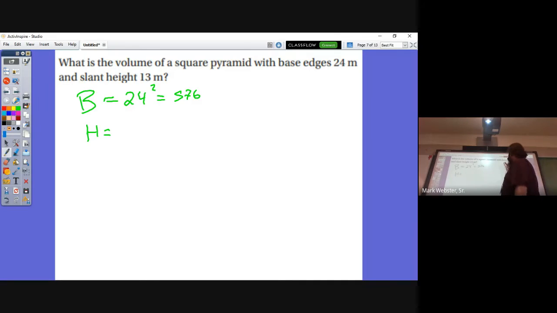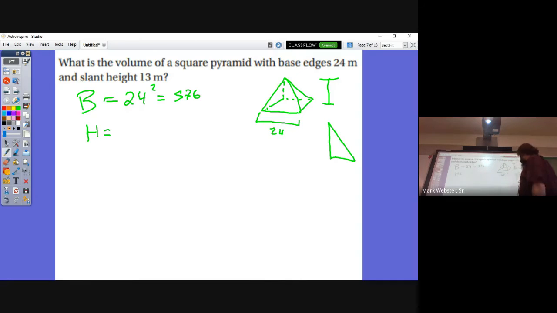So just like in the previous problem, they give you that the slant height is 13, but we want the regular height. Since this whole thing is 24, the part that we actually are looking at, half of that, is 12.